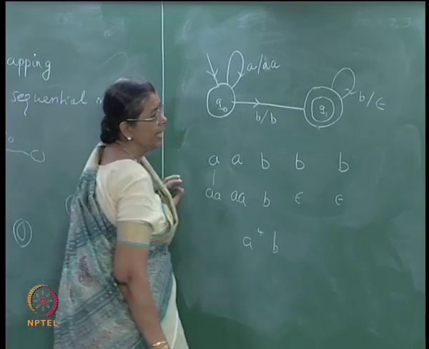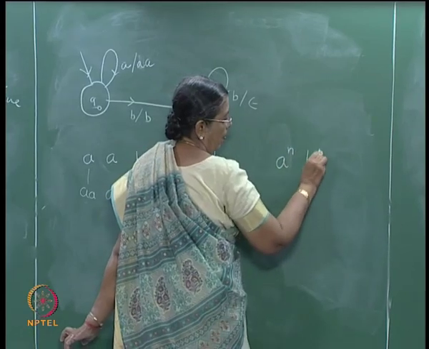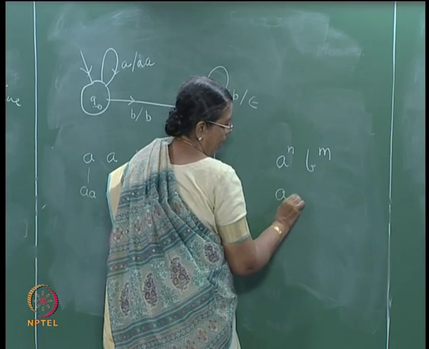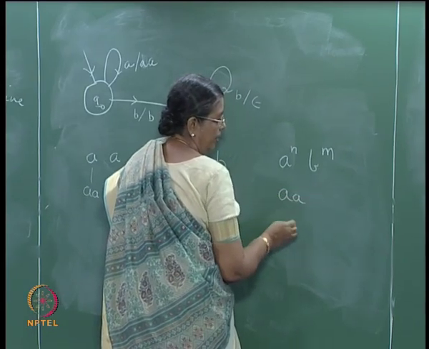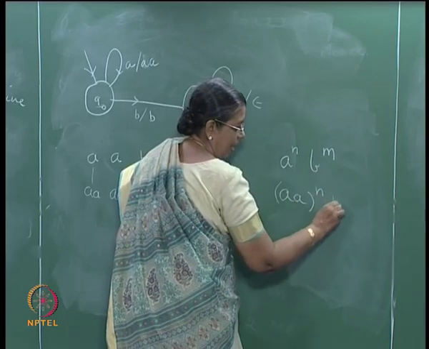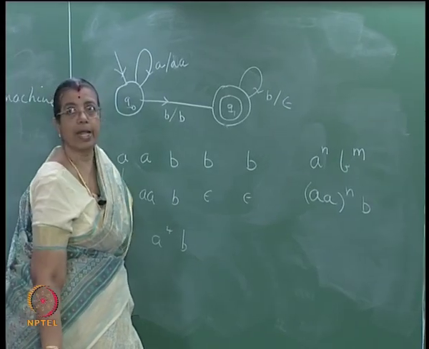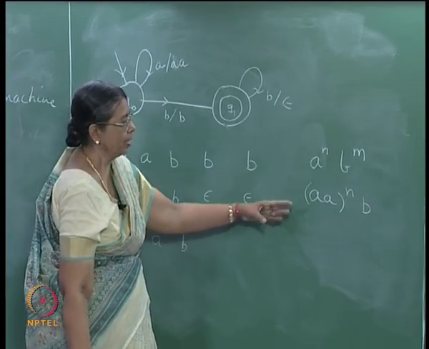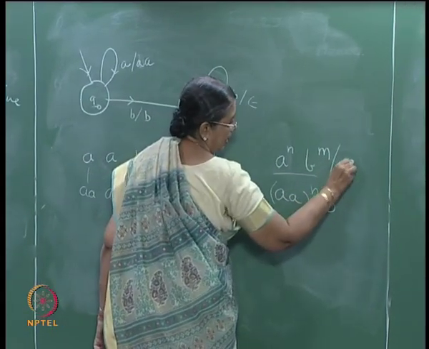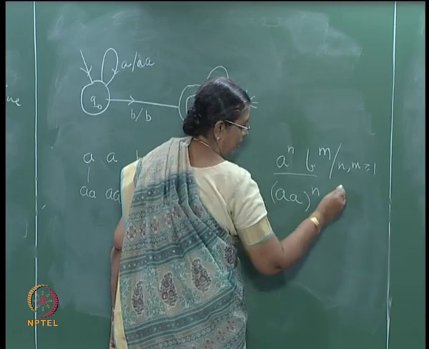In general, when I have an input a power n, b power m, for each one of the a's I will be outputting 2 a's, and the first b I will output a b, afterwards I will output an epsilon, and so this is the output for this language. This is say n, m greater than or equal to 1, you can say.